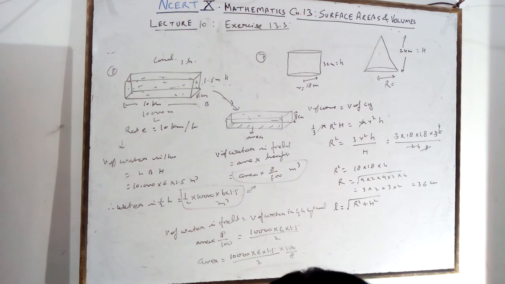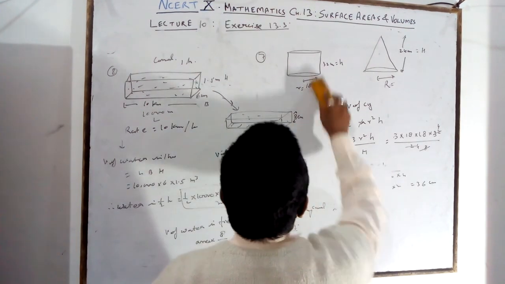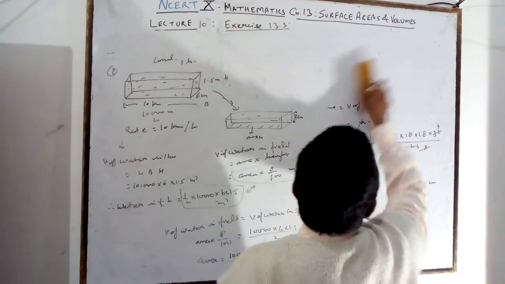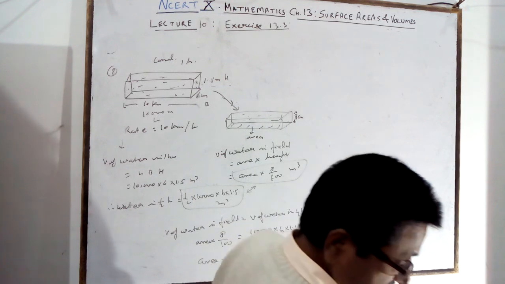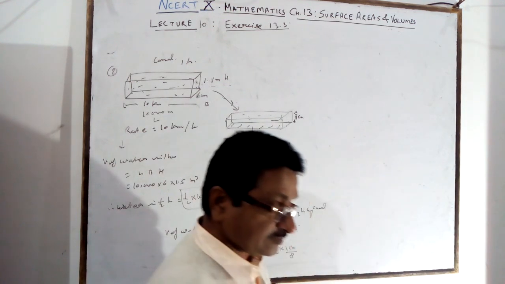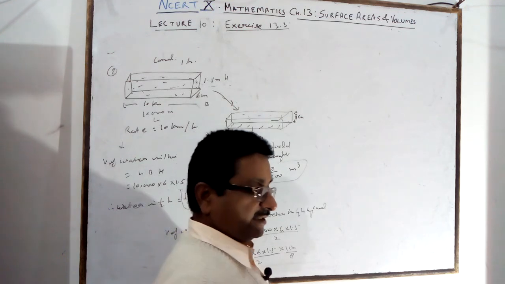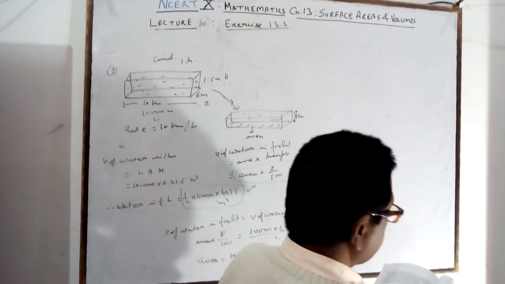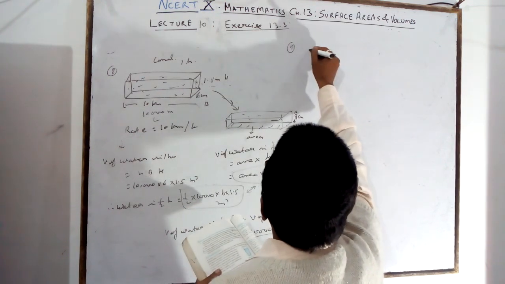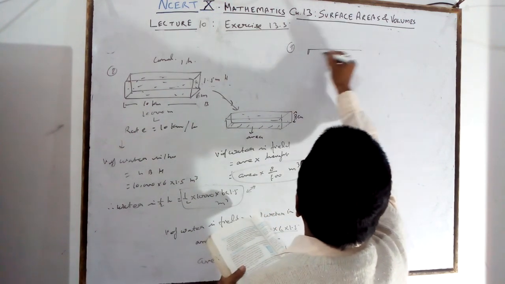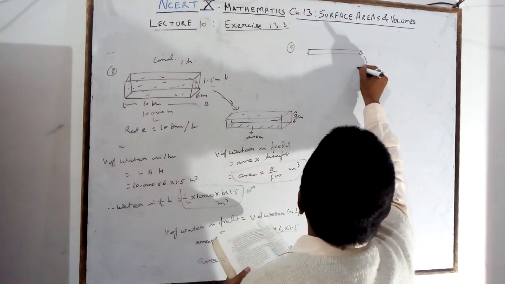Last question of this. Question number 9. A farmer connects a pipe of internal diameter 20 cm from canal into the cylindrical tank. A pipe is connecting from the canal into the cylindrical tank.